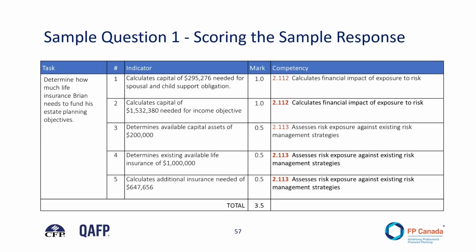You can see that each of the required tasks in the ask is tied to a competency statement from the FP Canada Standards Council Competency Profile for CFP certification. In this example, the competencies are from the analysis function in the insurance and risk management planning area. This question was assigned a moderate complexity rating since there are multiple calculation steps required to arrive at the correct answer. The correct response would earn a total of 3.5 marks.